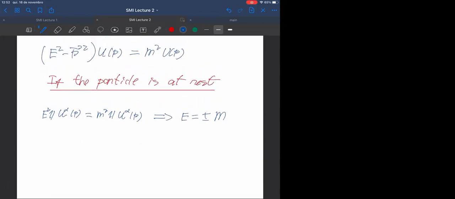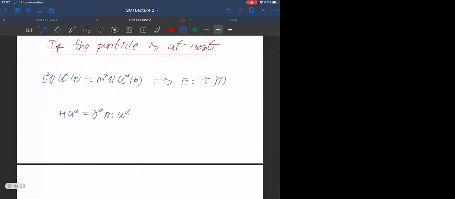But now what we have is that using the Hamiltonian, when you have H u alpha equal to gamma 0 m u alpha, you know that energy is positive and negative, and based on this, we can write the Dirac equation in the following way: E times identity, in a 2x2 condensed form, u alpha equal to m, 0, 0, minus m identity, essentially.